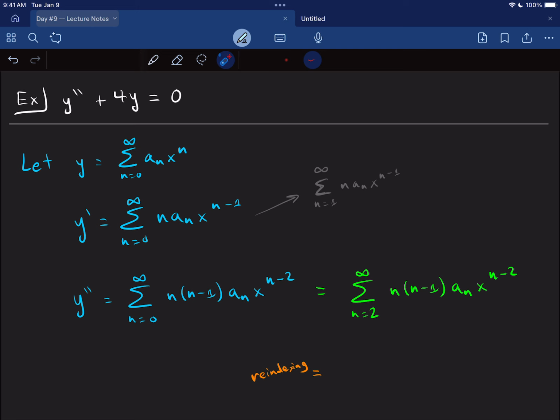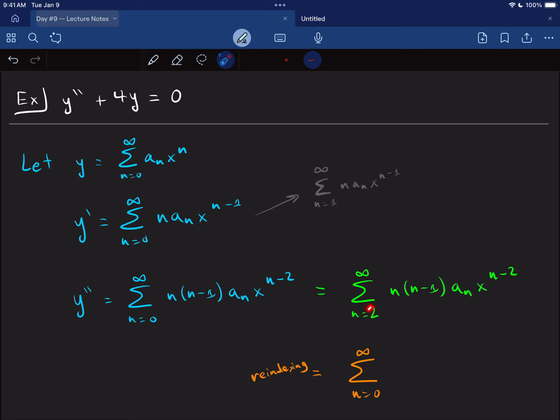The way I like to think about this is, what's the first term in the green? Well, when I plug in 2 for n, I get 2 times 1 times a2 times x to the 0.